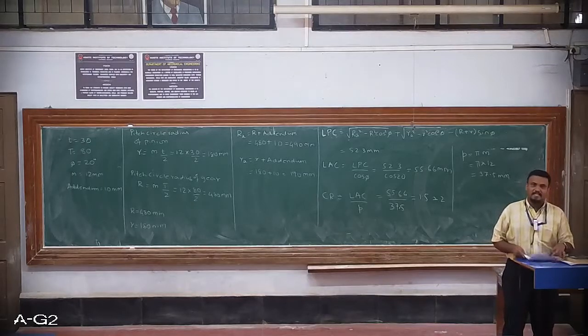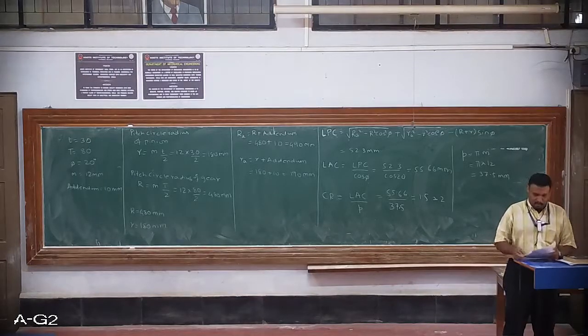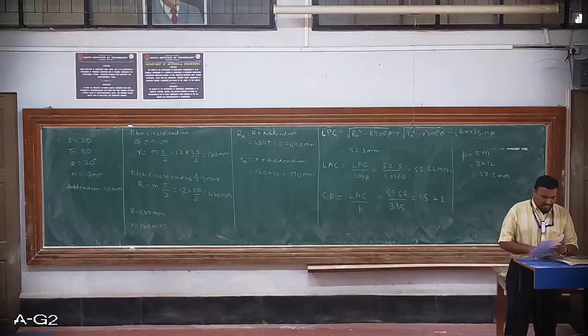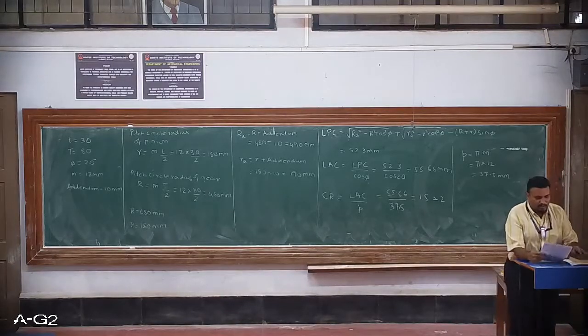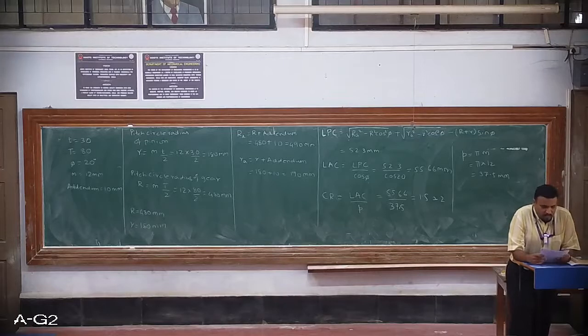So here I'll just explain the procedure of how to go about it, so you can apply that procedure and try solving this problem. What is given to us here is the pressure angle as 20 degrees, because it is 20-degree involute teeth. The number of teeth on pinion is 20, so small t is 20. The number of teeth on gear is not given, but the gear ratio is given as 2.